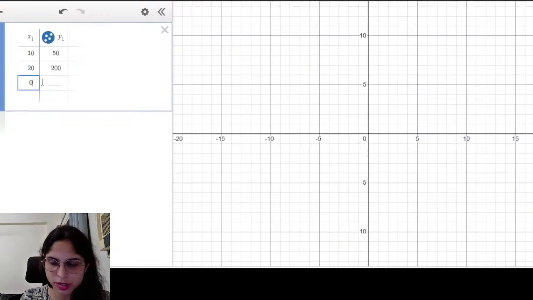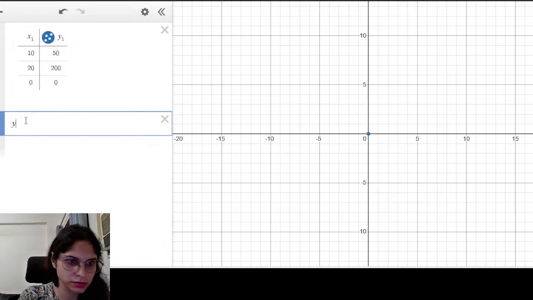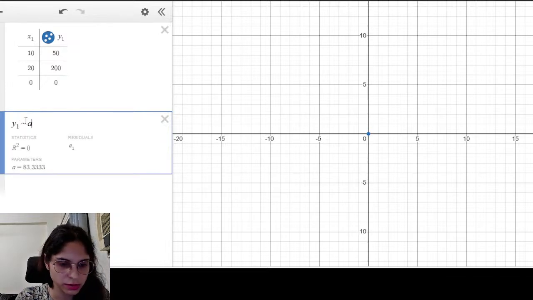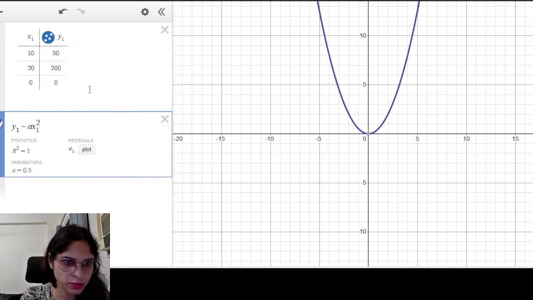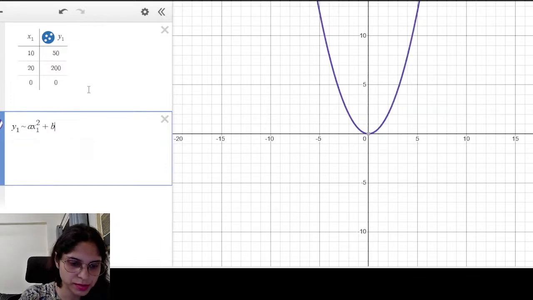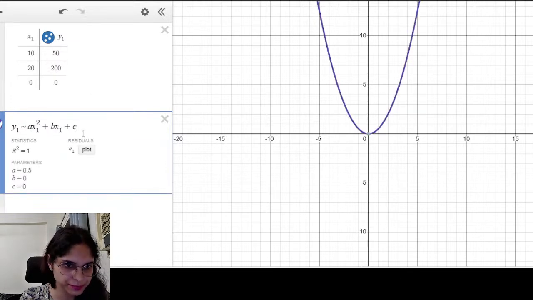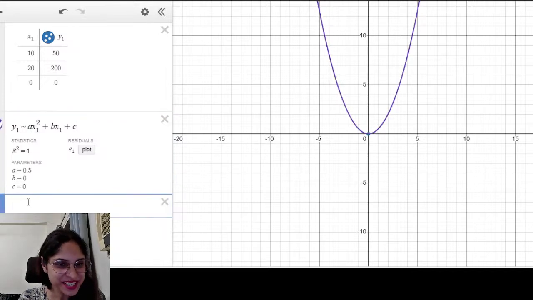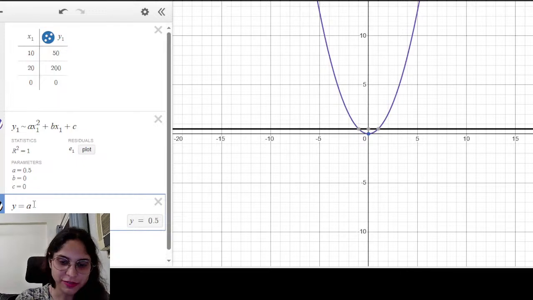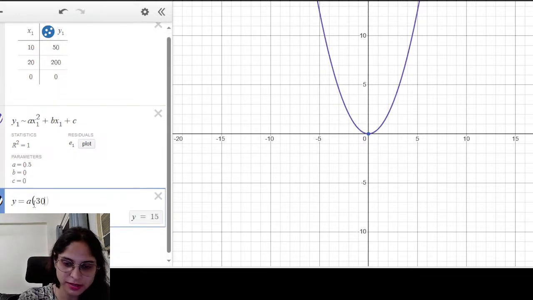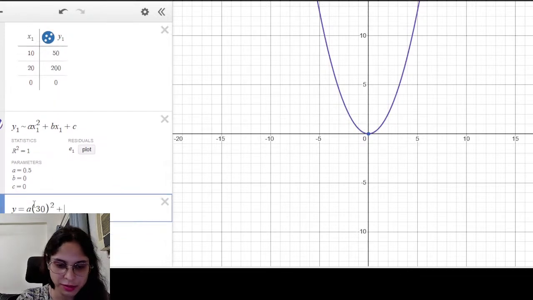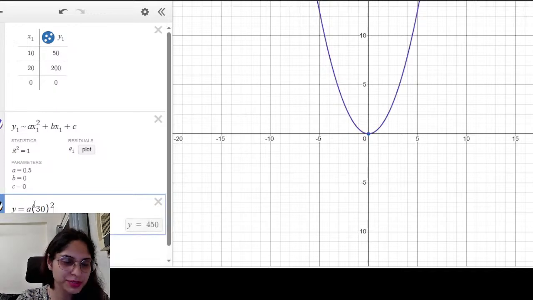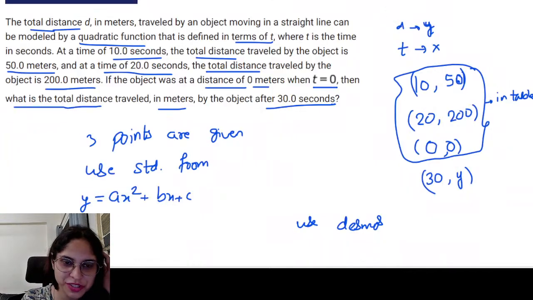And then there is 0, 0. a x1 squared plus b x1 plus c. We have got 0.500. Okay. Now we have to find y. The value of x is given as 30, so a times 30 squared plus b is 0, so don't need to do anything. Y is 450, 450 is your answer.